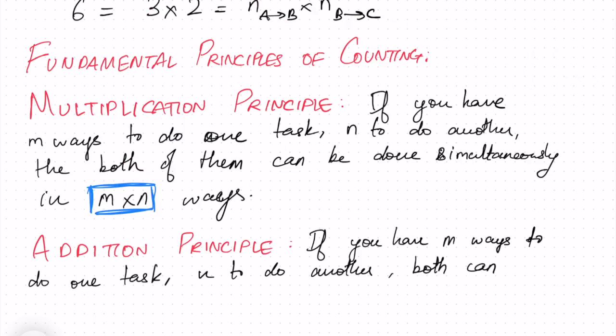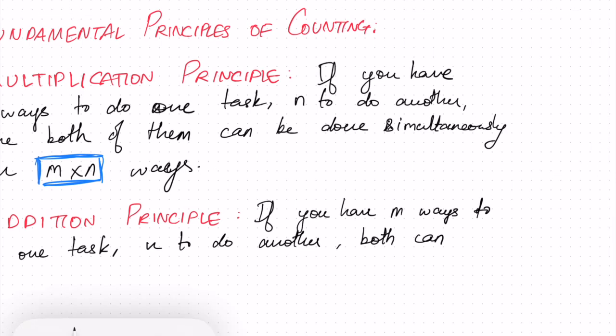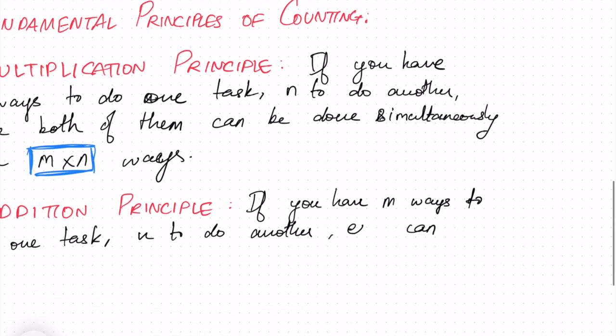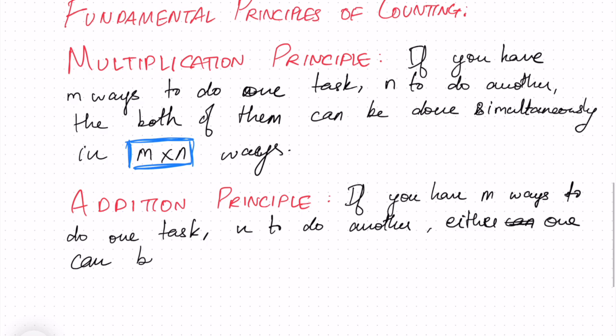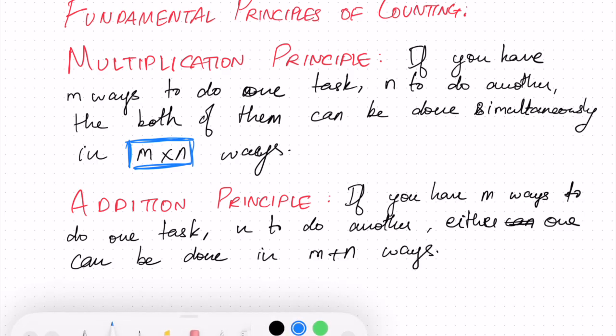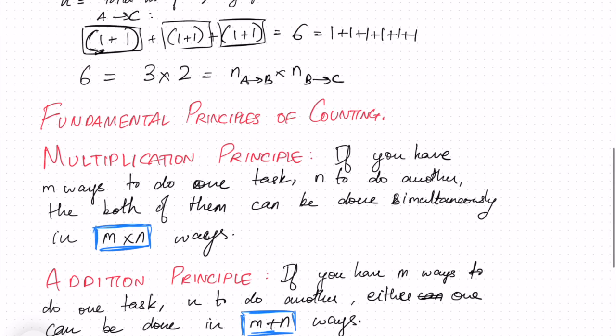The other way you can approach this is by using the addition principle, which states that if you have m ways to do one task and n to do another, not both actually, either one can be done in m plus n ways.